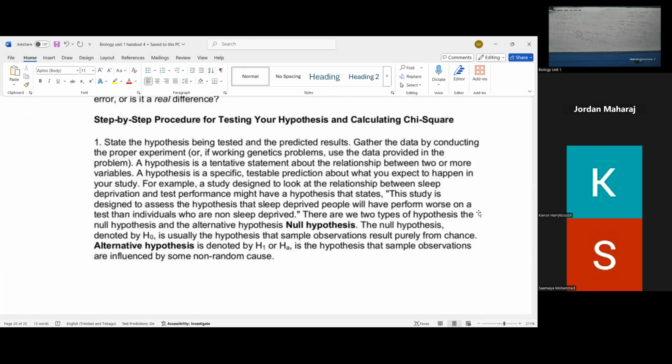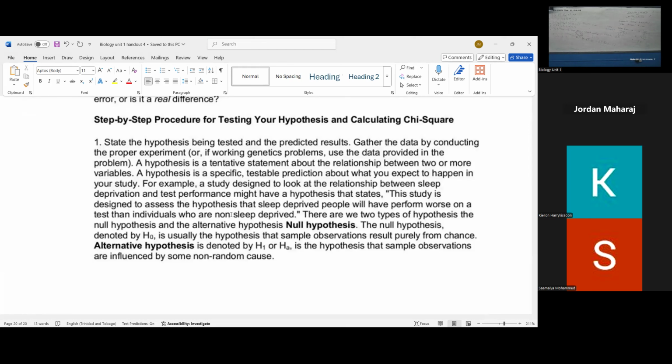I'll write this so you just write something out for this, as an introduction. So you have the null hypothesis. The hypothesis is that those who are sleep deprived perform worse on the test. The null hypothesis would be the opposite: those who are sleep deprived would not perform worse on the test. You understand?